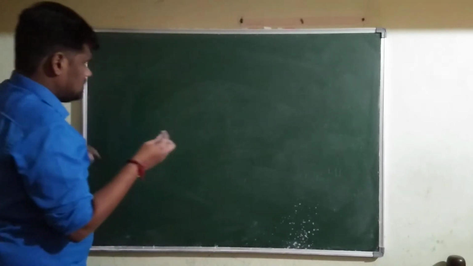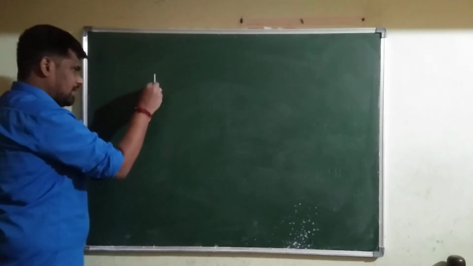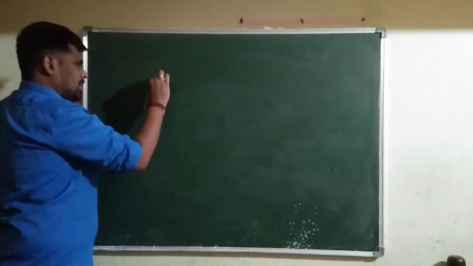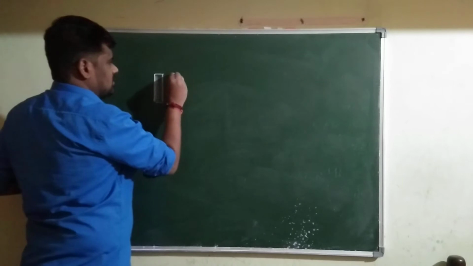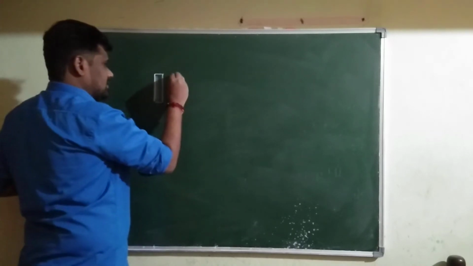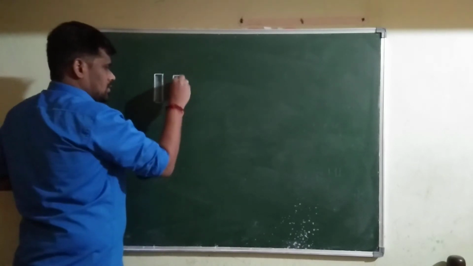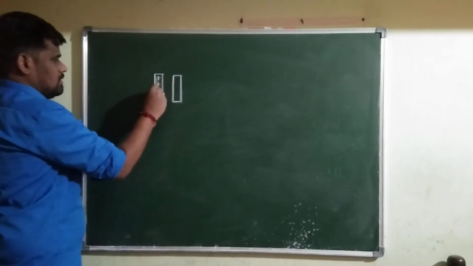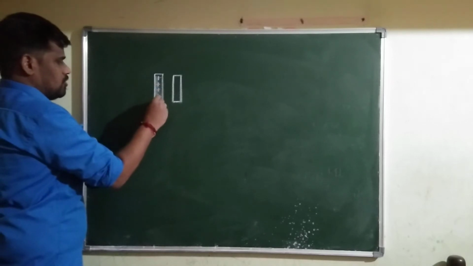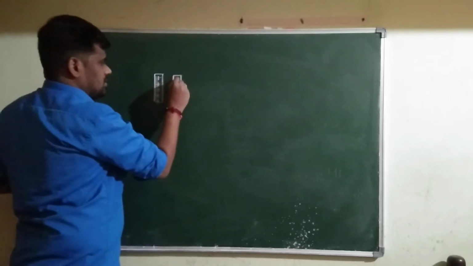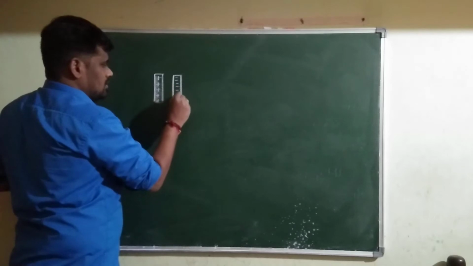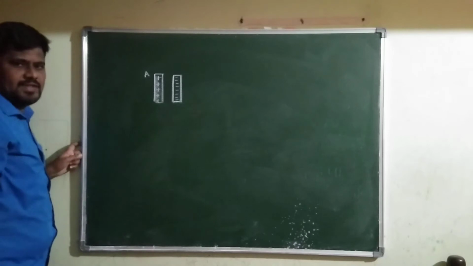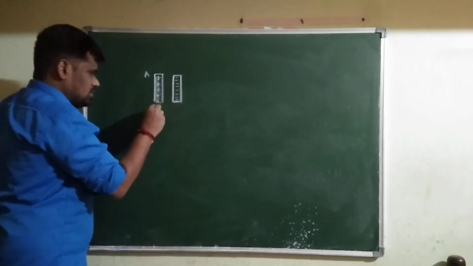This is the first plate of a capacitor, first rectangular plate, and this is the second plate. One plate is charged positively and the other is charged negatively, and each plate has surface area A.